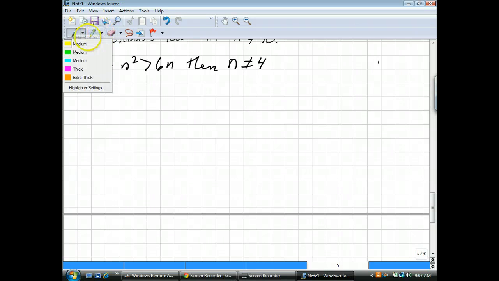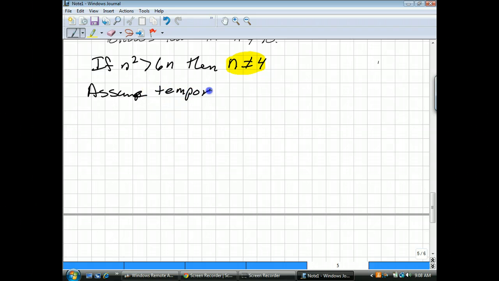So this is our conclusion, so we assume temporarily the opposite. So assume temporarily that n equals 4.